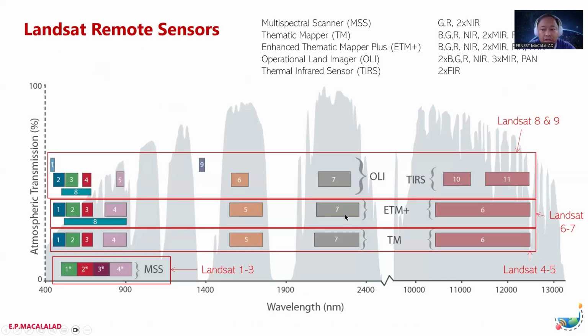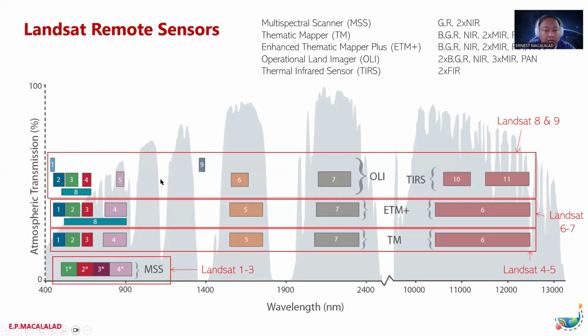Now, as you can recall, with the focus on Landsat systems, there have been 9 Landsat missions. Currently, the ongoing missions are Landsat 8 and 9, which have more advanced spectral sensors.